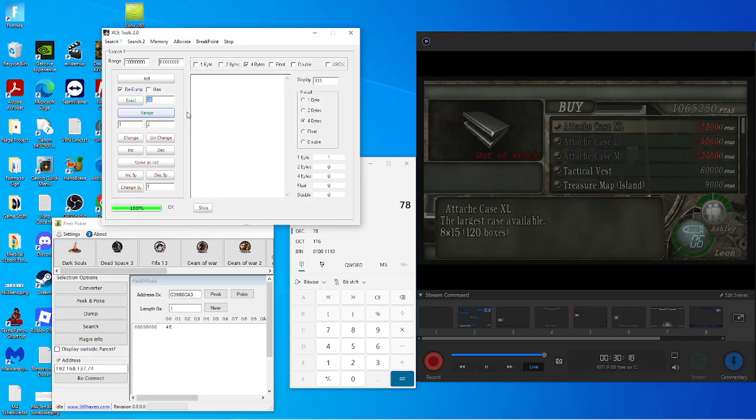So we have this much money right now. I'm going to search this directly. 1065000. Going to do an initial search. Yeah, sorry, it's going to take a while.